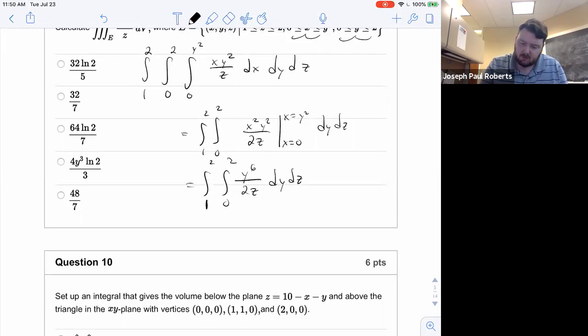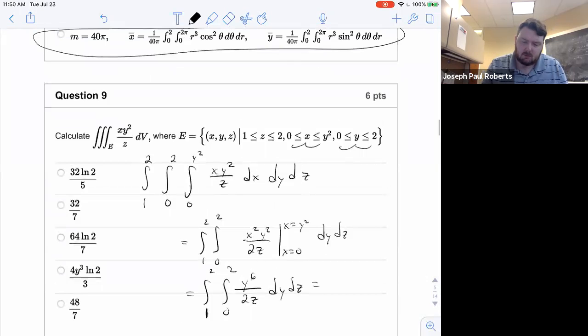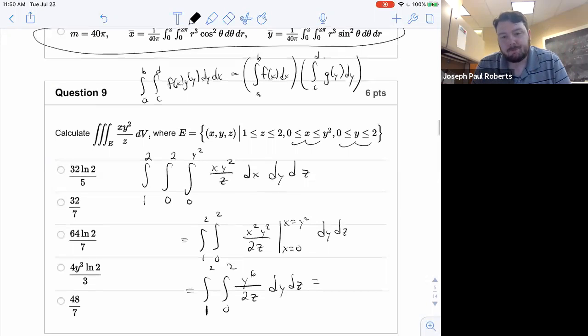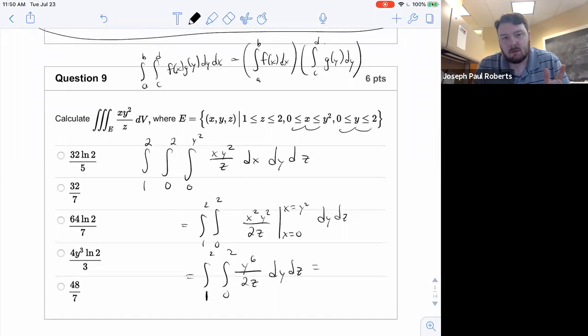You could do the separable trick where if I have something like integral a to b, integral c to d, f of x, g of y, dy, dx, I'm allowed to do integral a to b of f of x dx, times integral c to d of g of y dy. So this requires not only your integrand factors, but also your bounds to be all numbers, because if you have variables here, that's going to give you variables in your answer, which is nonsense.